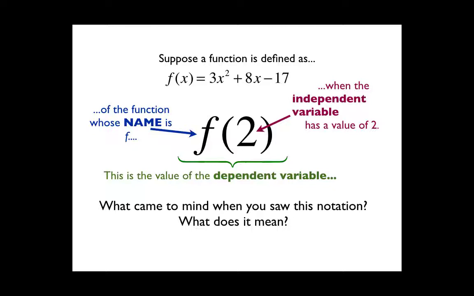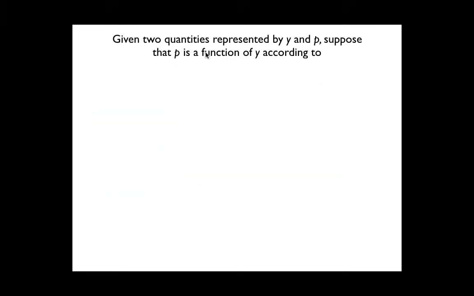So f isn't y, f is the relationship, and then f of 2 could be a y value if you want to think of it graphing on xy axes. So 2 is the input and f of 2 is the output. f is just the name of how the input and the output are related. All right, so again, we can find it, we cannot find it.